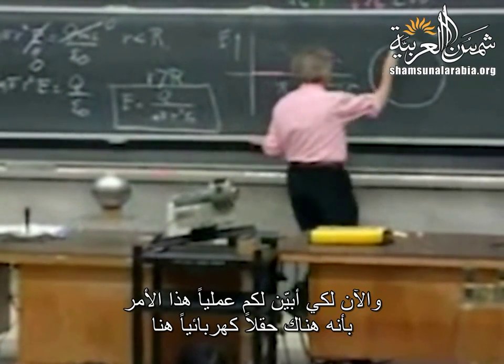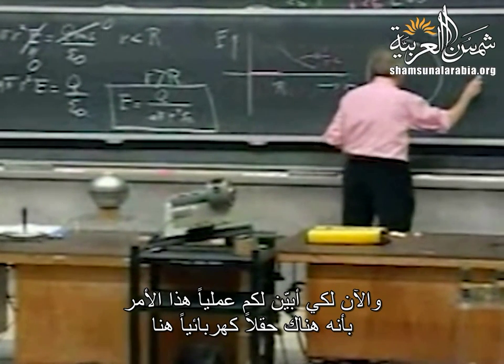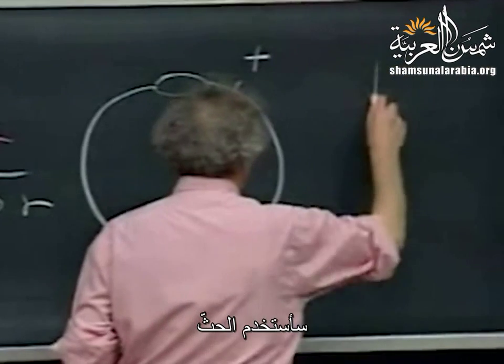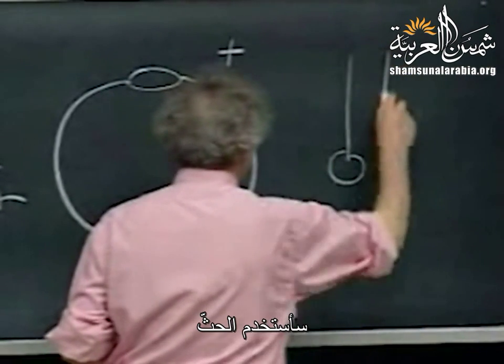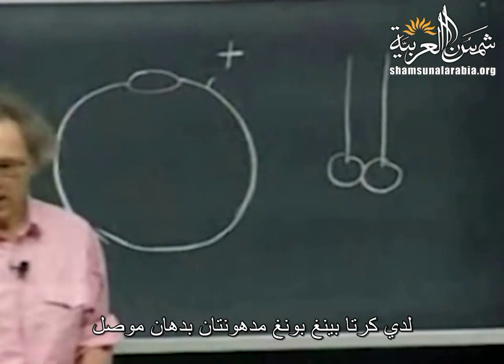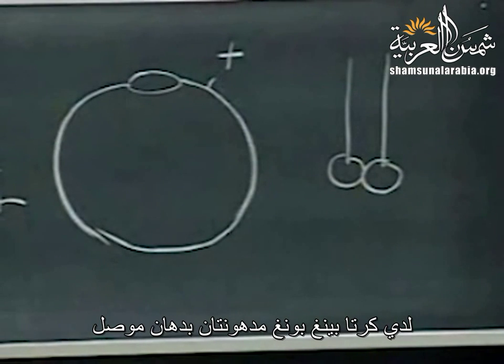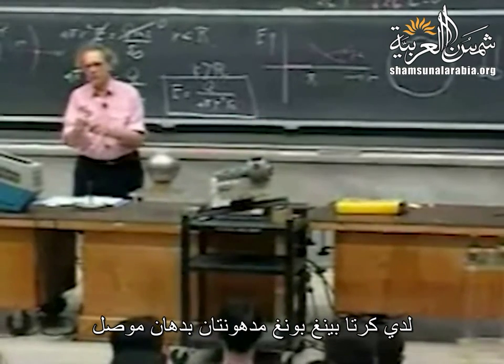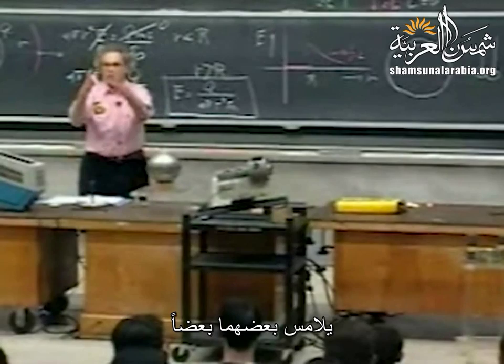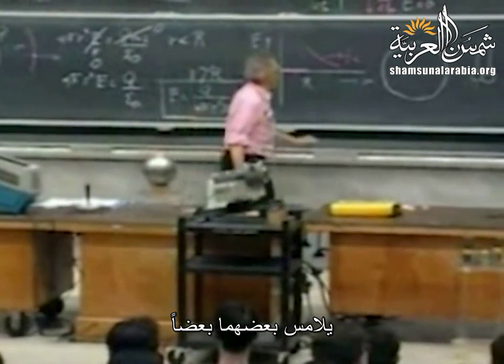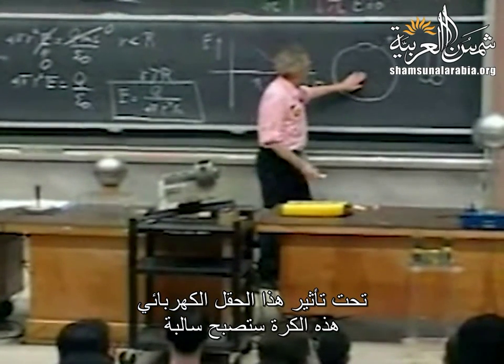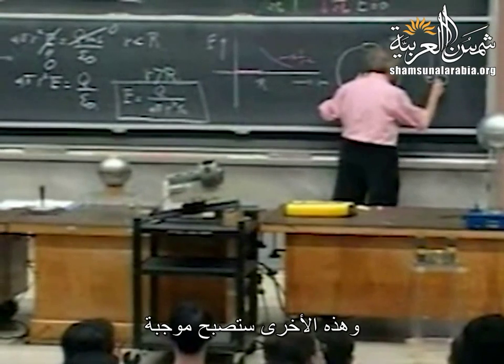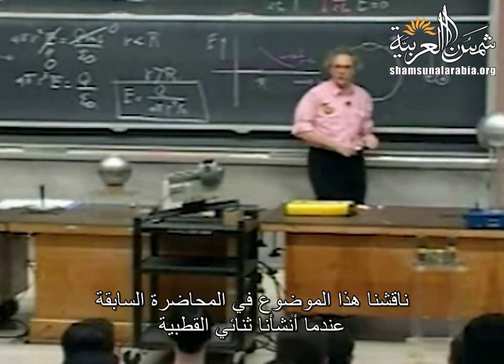And now, to demonstrate to you that there is an electric field here, I will use induction. I have 2 ping pong balls painted with conducting paint. They touch each other. Under influence of this electric field, this one will become negative and this one will become positive. We've discussed that last time.